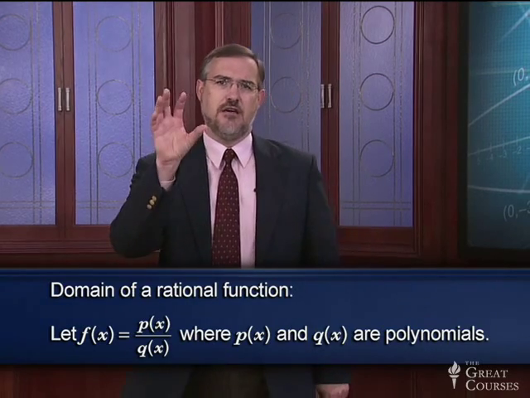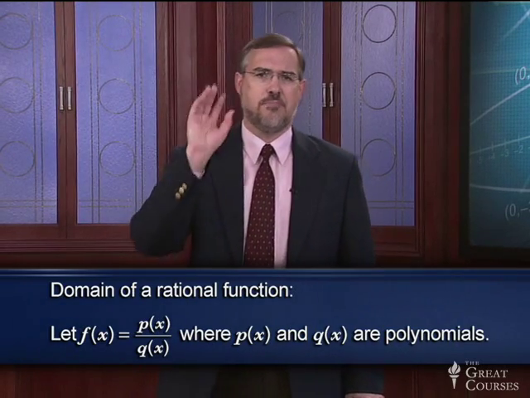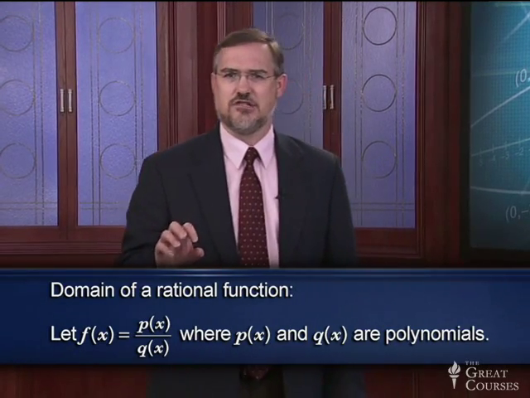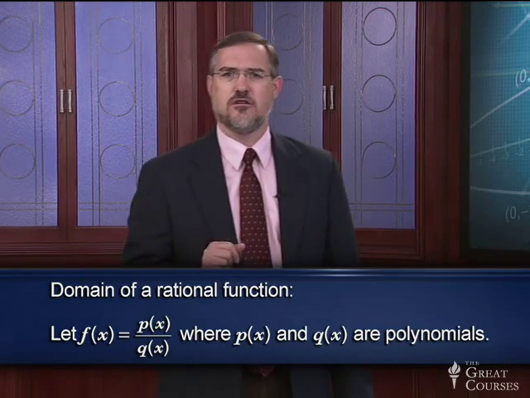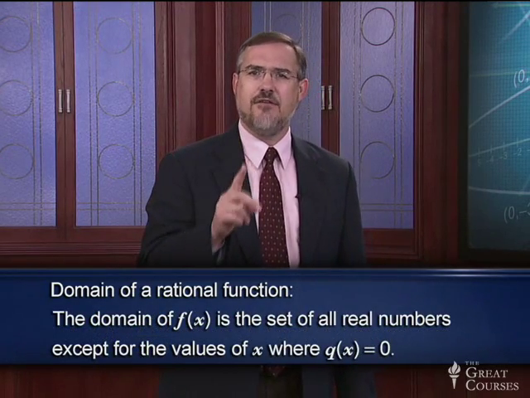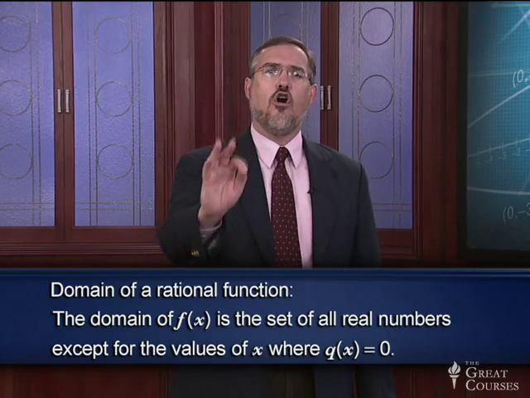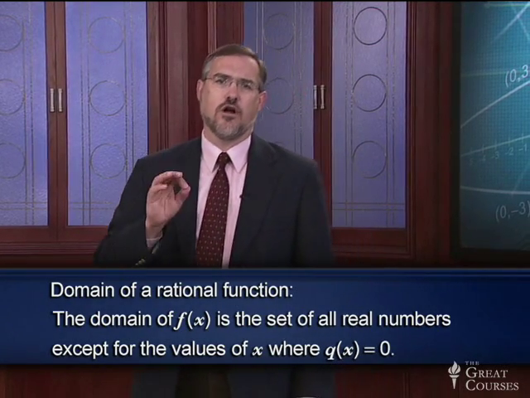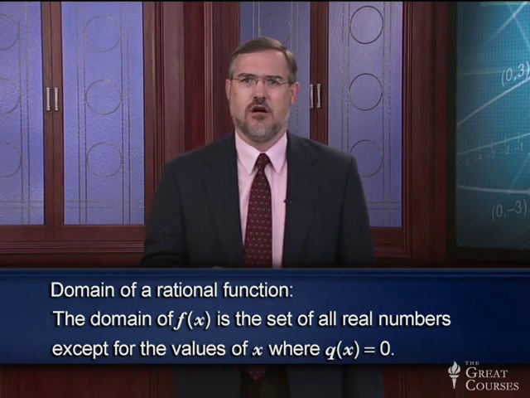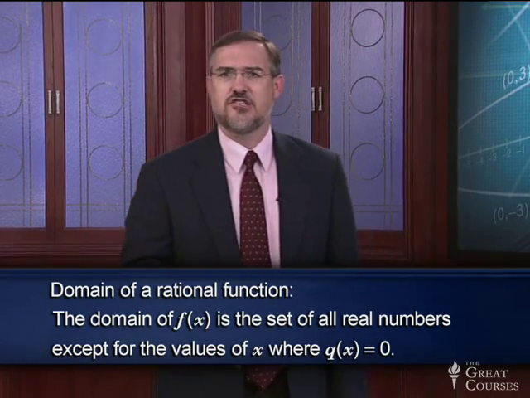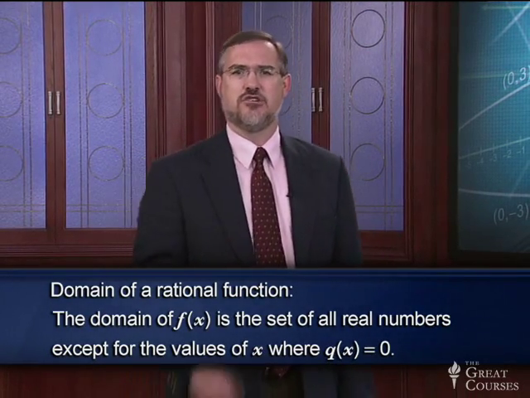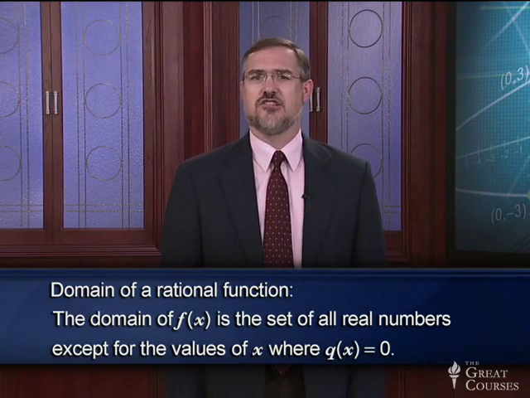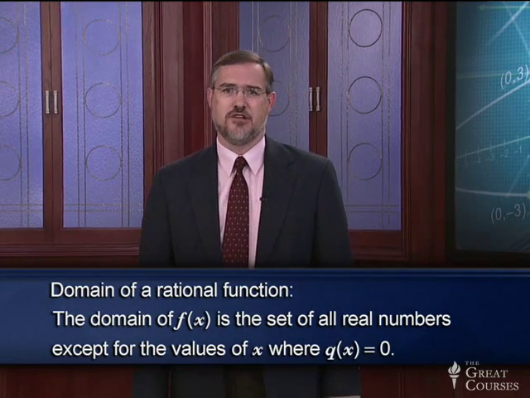Let f of x be p of x over q of x, where p of x and q of x are polynomials. That means f of x will be a rational function. Then the domain of f of x is the set of all real numbers except for the values of x where q of x equals 0. That's the set of values of x where the denominator is going to equal 0, and that's the values that will cause that division by 0.